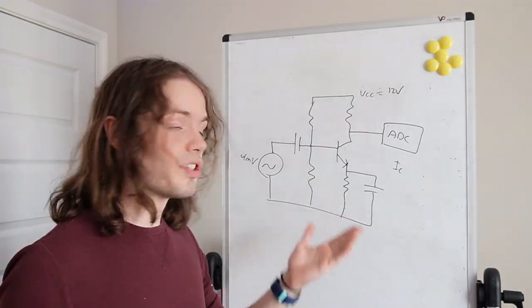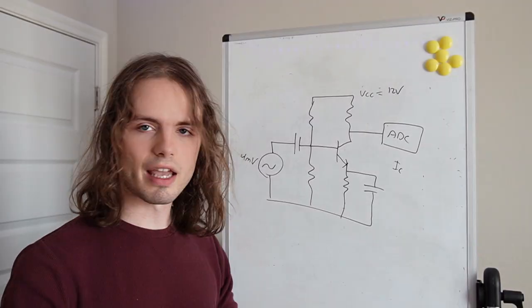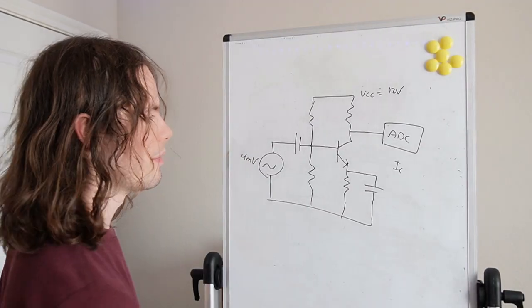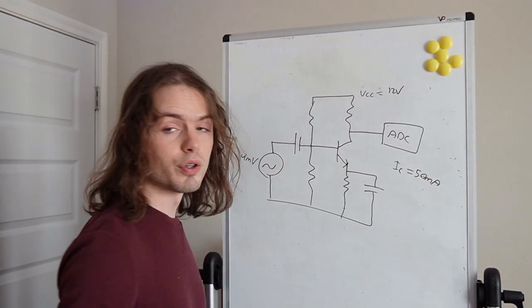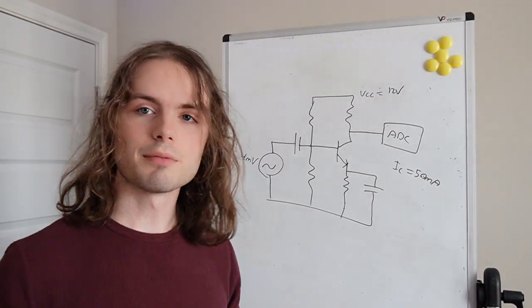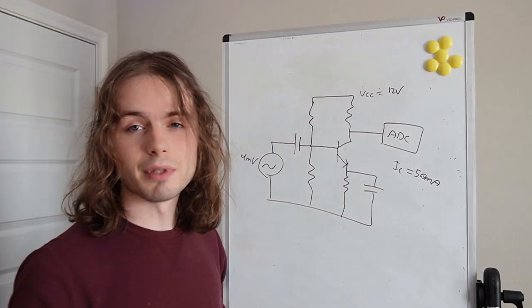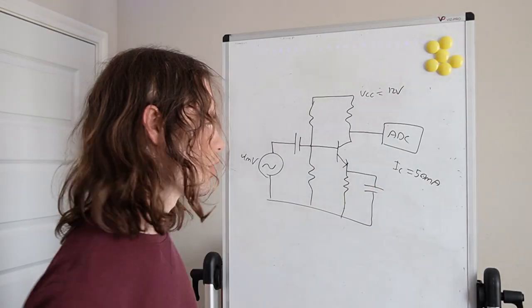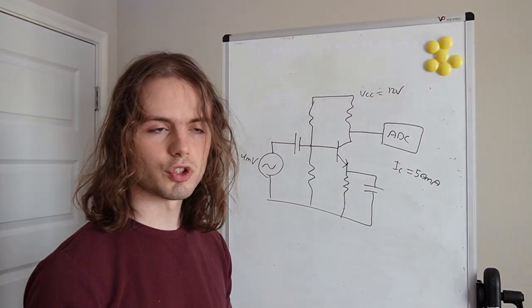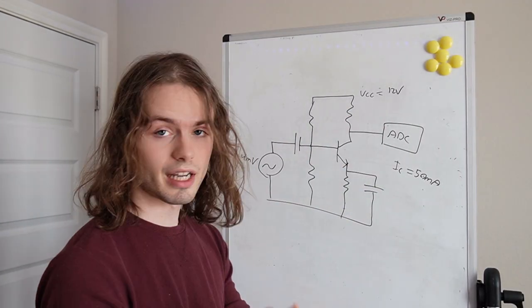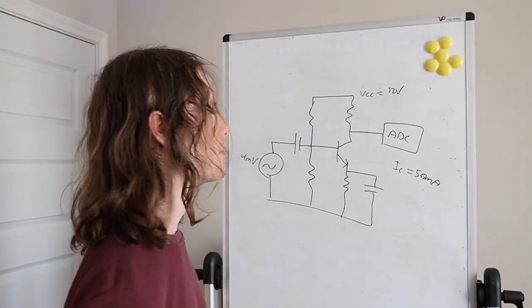So let's say we want more gain, so we'll pick a larger collector current, maybe something like 50 milliamps. You could also choose 1 milliamp or 10 milliamps, but let's say approximately 50 milliamps gives us a good gain. So we have these two constraints. We have VCC and IC. So with those, we can start to actually calculate some of these values.